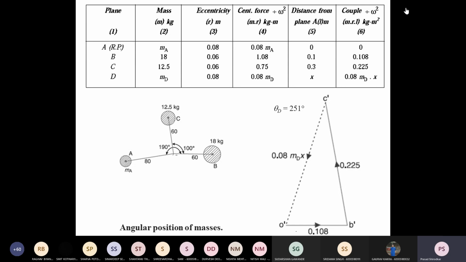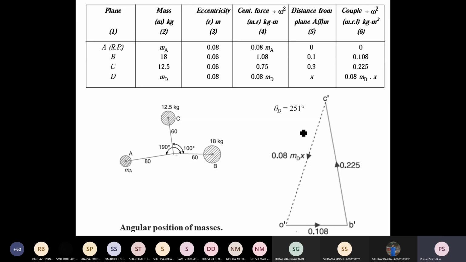Those who are done, please lower your hand. Alright, so most of you are done. So now we have completed the couple polygon.